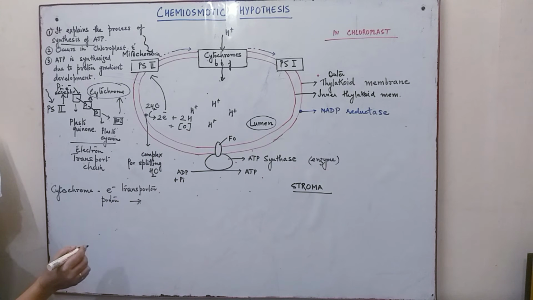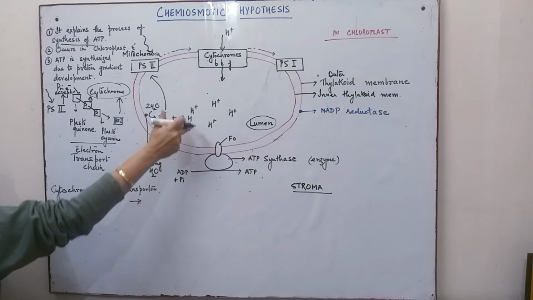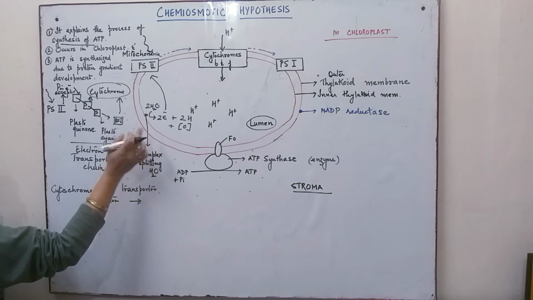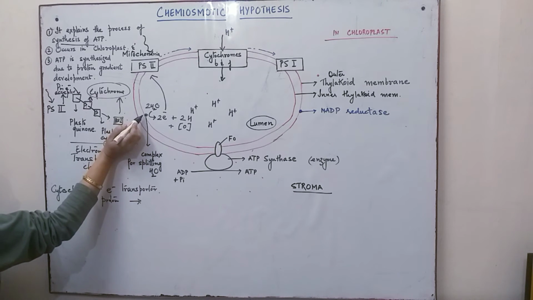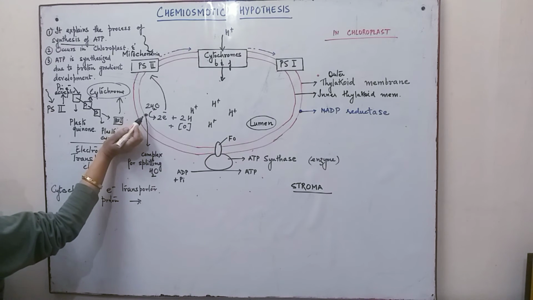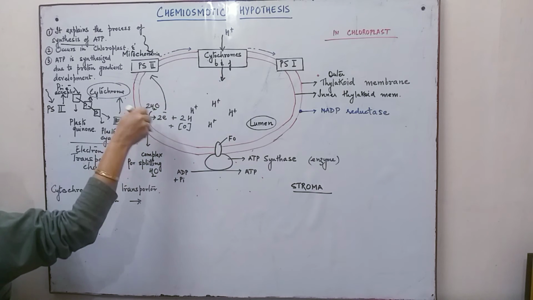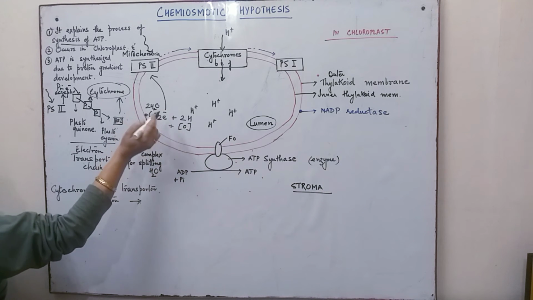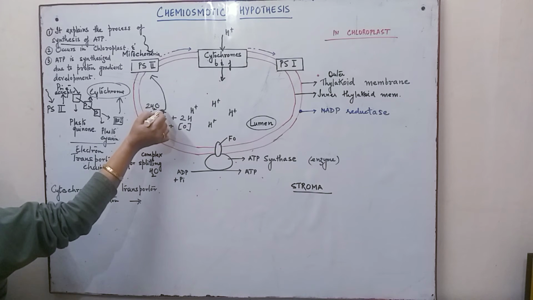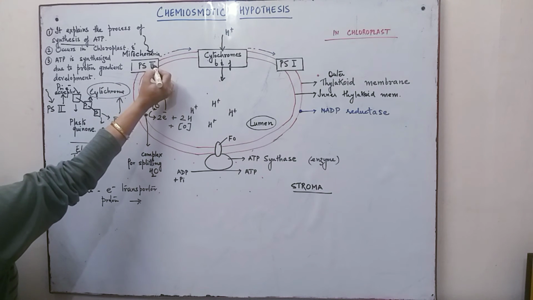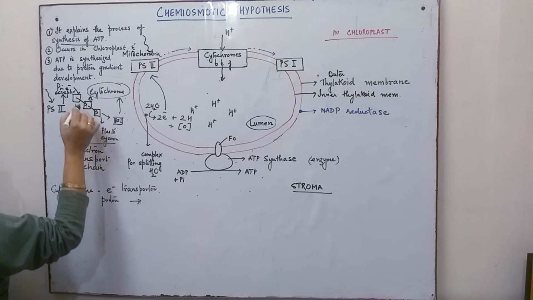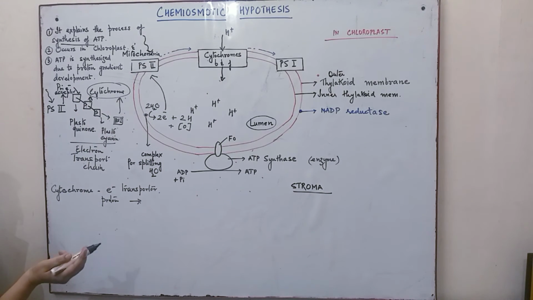Now this oxygen molecule is produced inside the lumen. The complex for splitting of the water molecule is present towards the inner thylakoid membrane, and therefore the splitting of water takes place within the lumen, and the electrons which are produced over here are provided to PS2 to continue the process of photophosphorylation, because there is continuous movement of electrons from PS2 to the electron transport chain and finally to PS1.